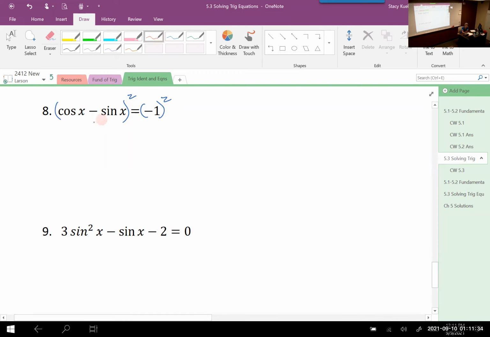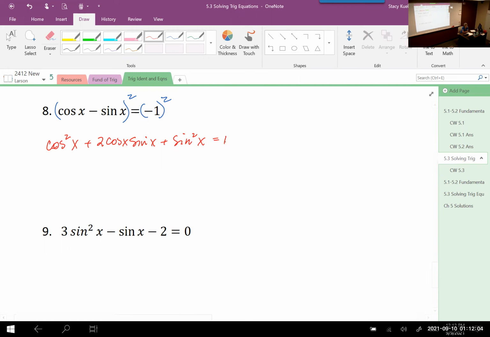So when I square the left, this is our jingle, remember: square the first, double the product, square the last, or do FOIL, I don't care, is equal to 1. So far, so good?